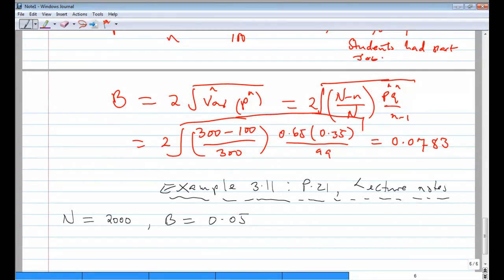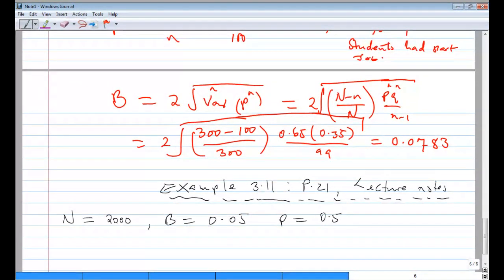Population proportion is not given. P is what? It is 0.5. If population proportion is not given, normally we use 0.5.